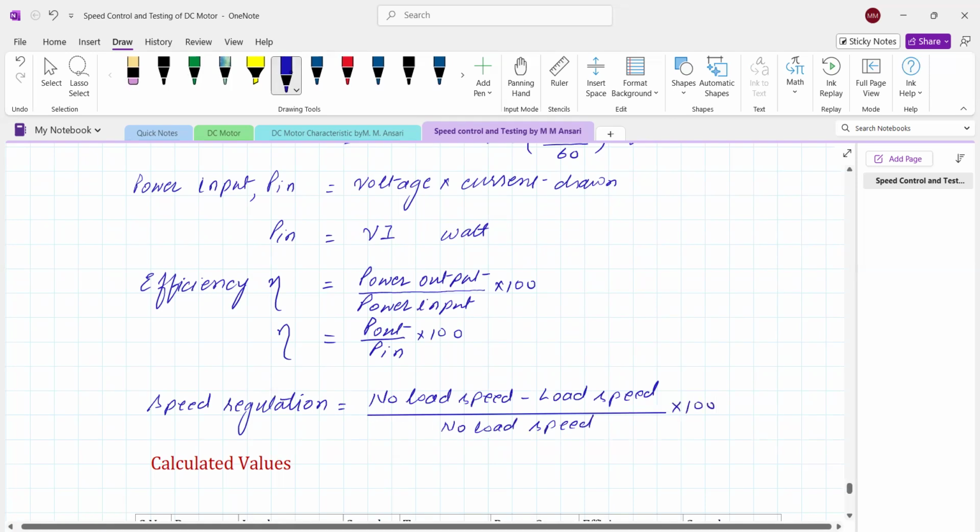So it is in percentage: percentage regulation and percentage efficiency.